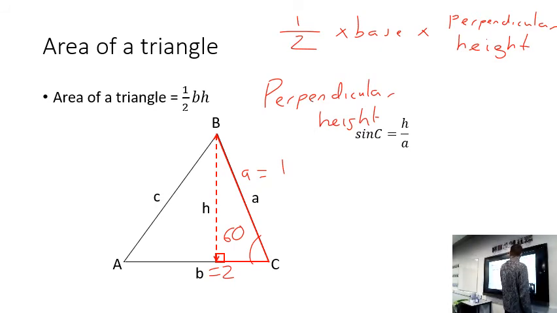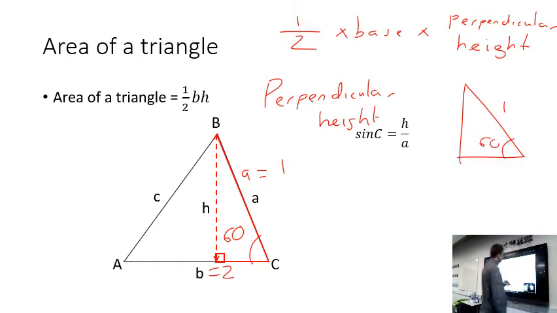So what do we know? Let's just try and draw this triangle. So now this is 1, this is 60, and this is h.